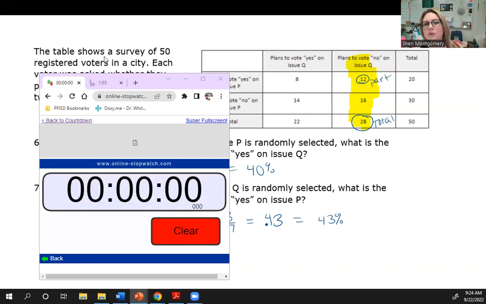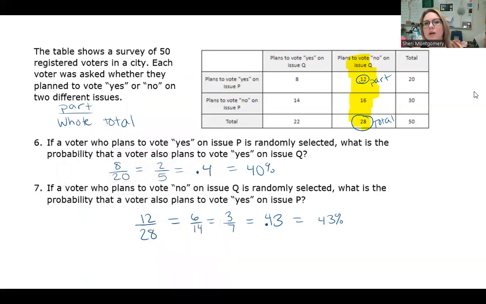And you'll know if you pick the wrong one, because you have to be in the Q column since that's what's listed first. If you flip those, then you get a bigger number on top and that doesn't make sense. And for the other one that I did, it was yes on issue P. So I have to look down the yes issue P column.